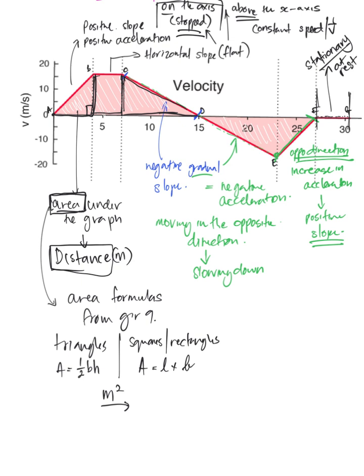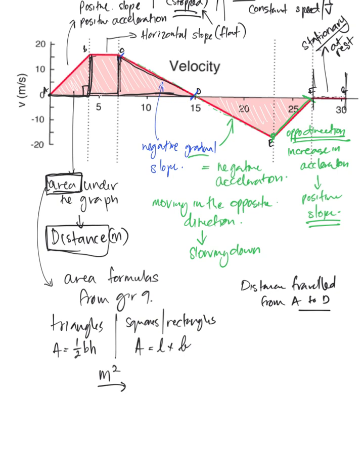So let's look at the first one. How would I know that that's the area? So let's say I wanted to work out the area of the first half from A to D. What was the distance traveled from A to D? Right, the first thing I'm going to look at is, I need the base and I need the height.